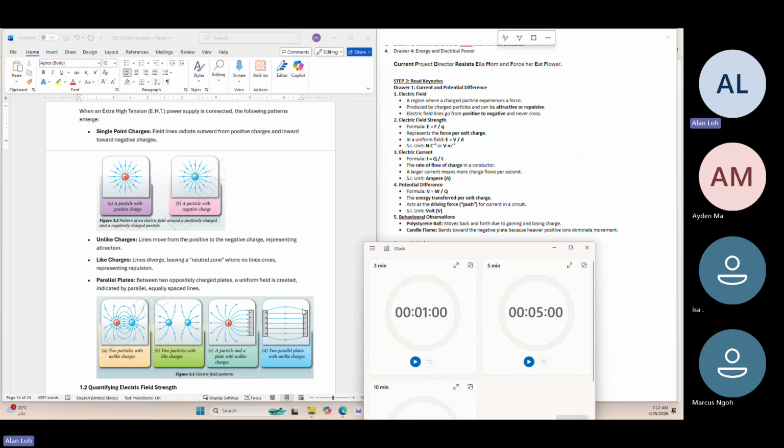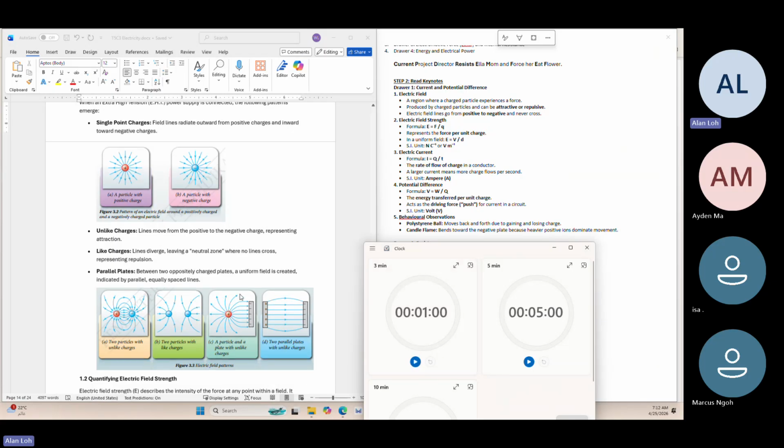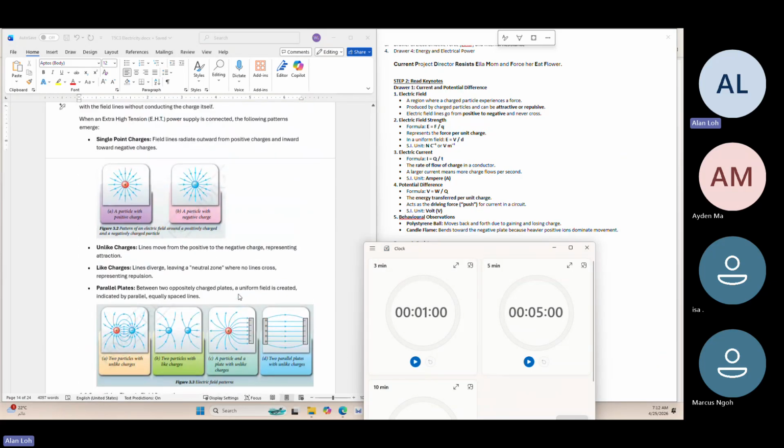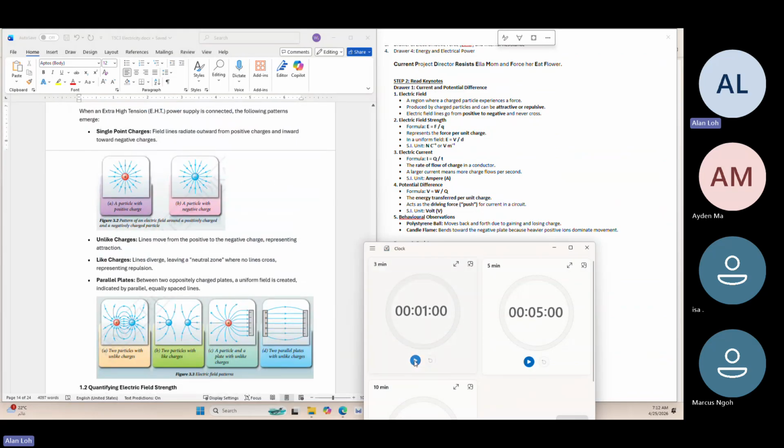Let's move on a bit more. Okay, let's do 30 seconds for this part, the one that you see, before we go to 1.2. Should I go to 1.2? No, let's do 1.2 later. 30 seconds.